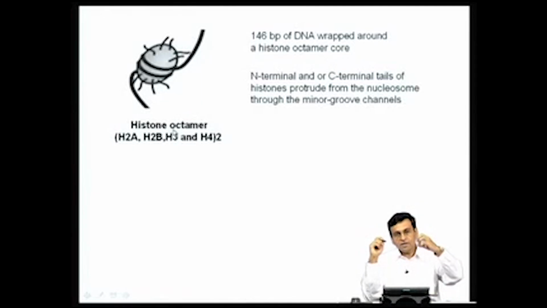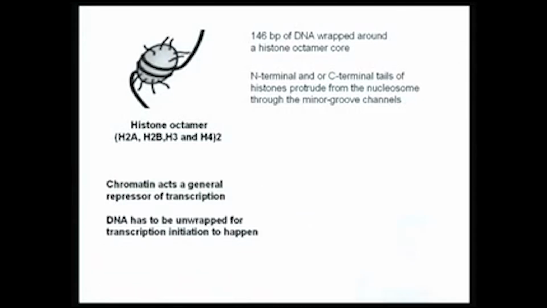So, you have the histone octamer, but the N-termini and C-termini of each of these histones are actually hanging out. These N and C termini are going to have a very important role in the next few minutes, and they are the ones available for post-translational modifications. These post-translational modifications of the N and C termini of histones play a very important role in gene regulation. This is what we are going to discuss in detail today.